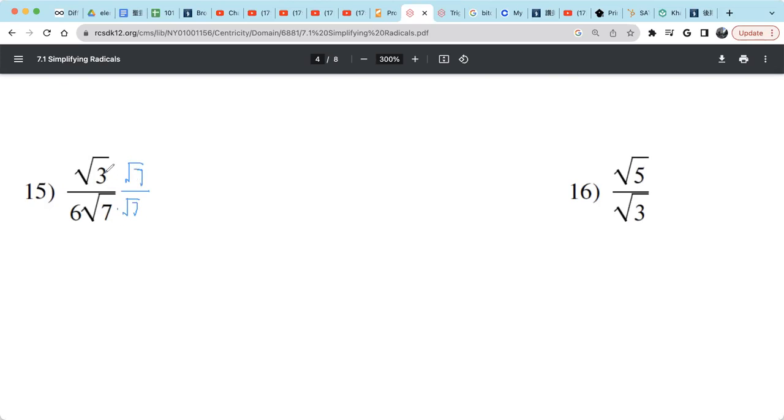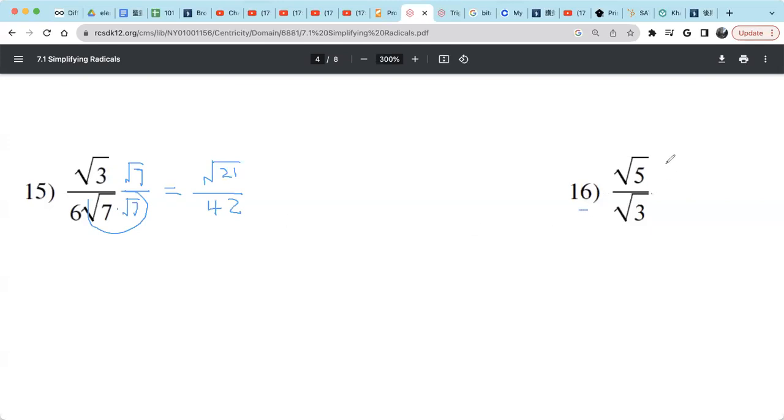Then the numerator will have square root of 3 times square root of 7, which becomes square root of 21, because 3 is a prime and 7 is a prime, so we just multiply those two. And in the denominator, square root of 7 times itself becomes 7. 6 times 7 becomes 42.